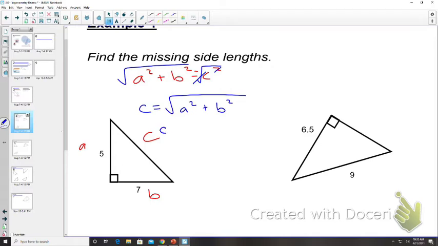Okay, so then put this into your calculator. When you do it in your calculator, you can do this all in one step, and it's probably a little bit easier that way, okay? So when you enter this into your calculator, press the square root button, open up a bracket, put in your a value, so 5 squared, close your bracket, plus your b value, which is 7.